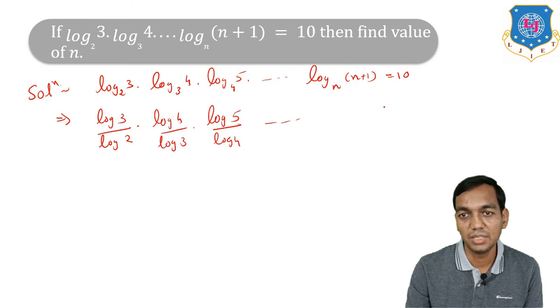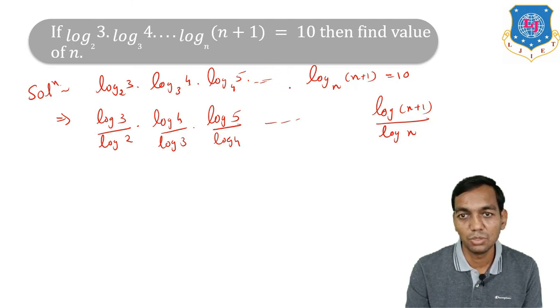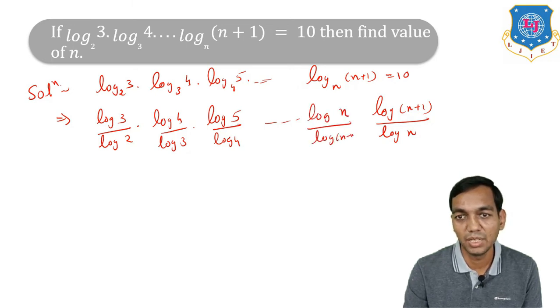Continuing in that way, the last term will be log n plus 1 upon log n. And if you are writing the term before this one, then the term you have is log n base n minus 1, correct? So it is going to be like this, log n divided by log of n minus 1.